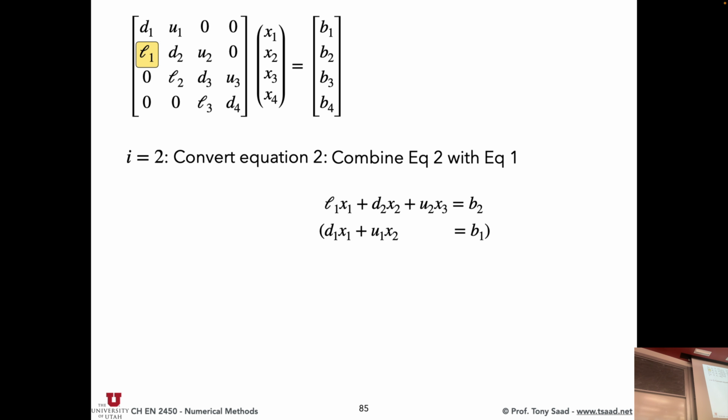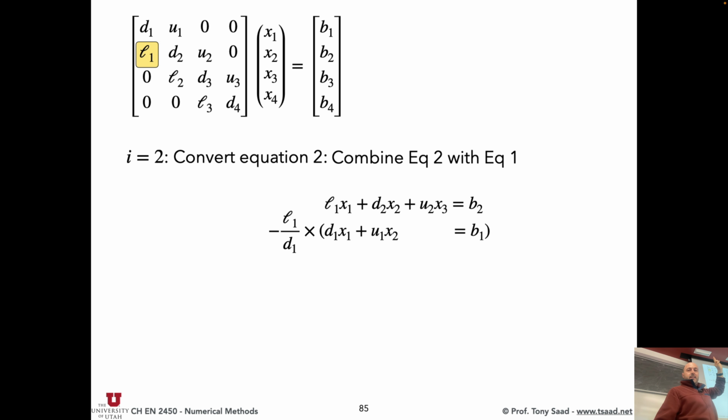My goal is to knock out x1 from equation 2. Remember, I'm converting equation 2, and I want to get rid of L1. That means I want to get rid of x1. So if from equation 2 I subtract L1 over D1 times equation 1, what happens? L1 over D1 times D1x1 becomes L1x1. I subtract it from the one above it, and it becomes 0.